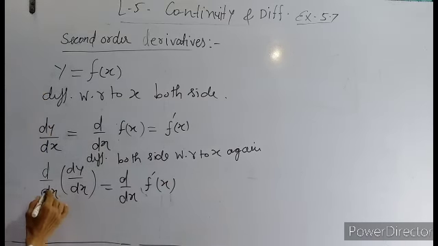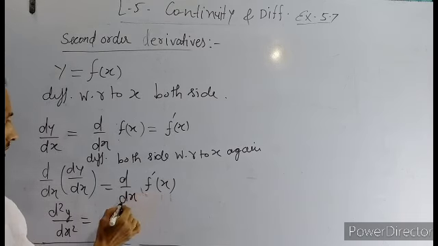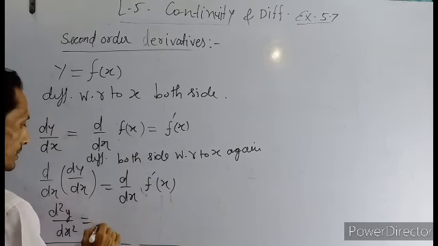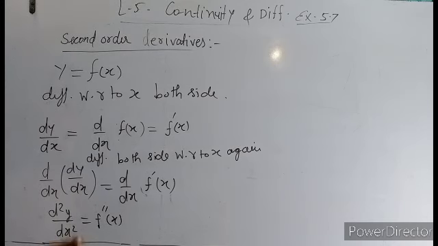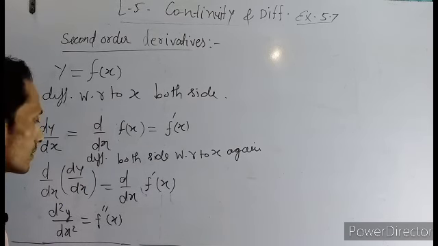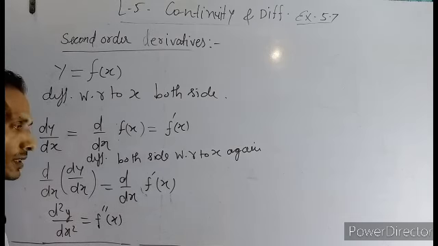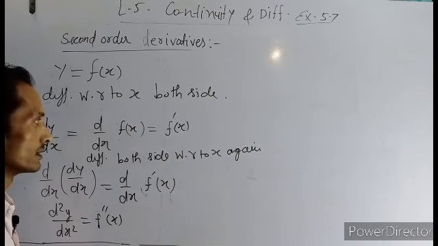So now this will come as d square y upon dx square, the second derivative, f double dash x. In this way you can find the second order, third order and so on, continuing for first, second, third, fourth, fifth and nth order.